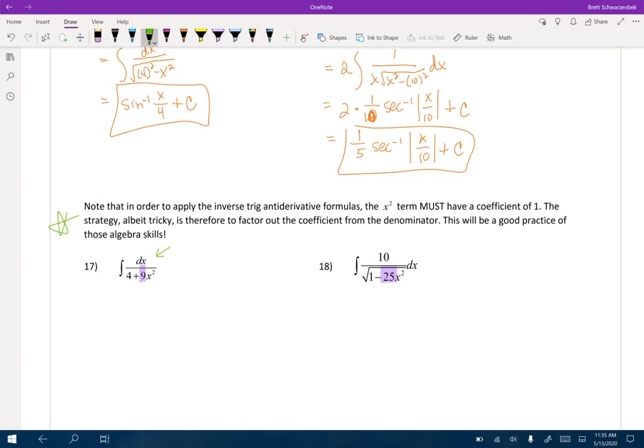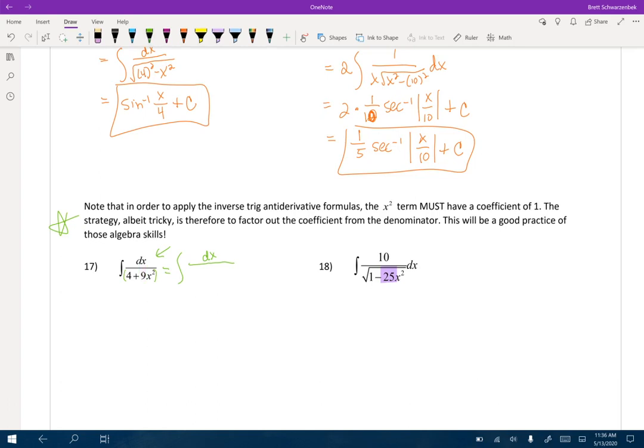Okay, so let's try that. Let's try manufacturing a scenario where there is a 1 in front of the x squared. So dx, start here. The question is, what value would you need to factor out of this quantity in order to make that value in front of the x squared be a 1?